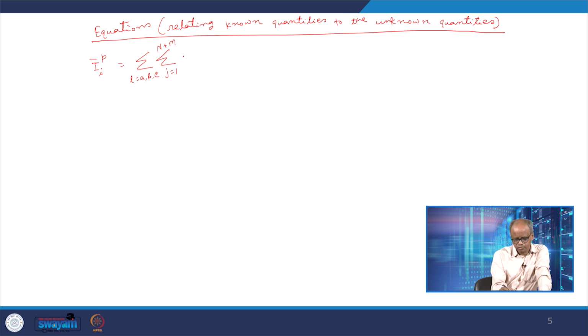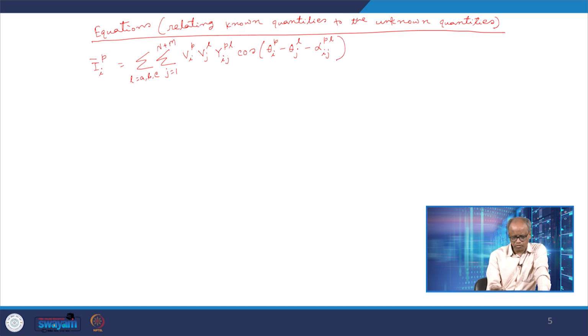So we know that it is VIP, VJL, YIJPL cosine of theta IP minus theta JL minus alpha IJ PL, right?